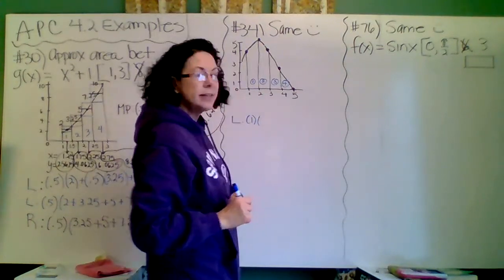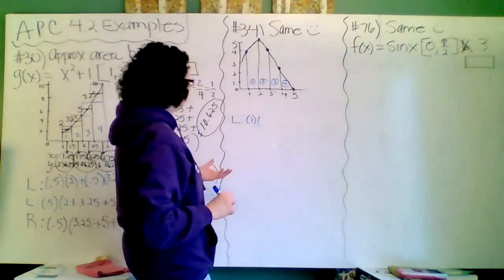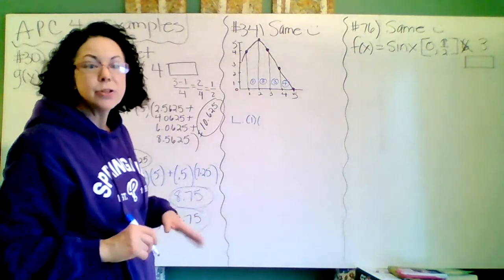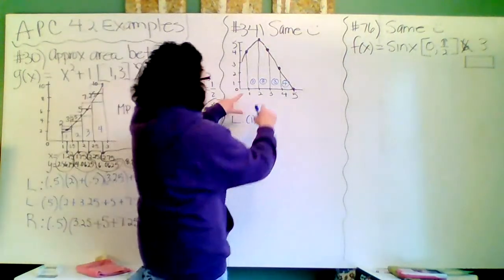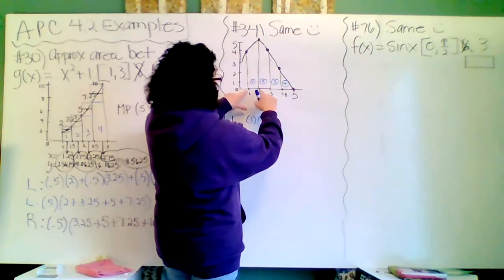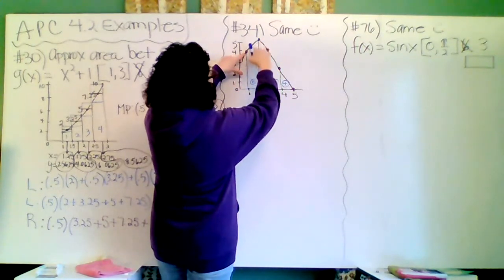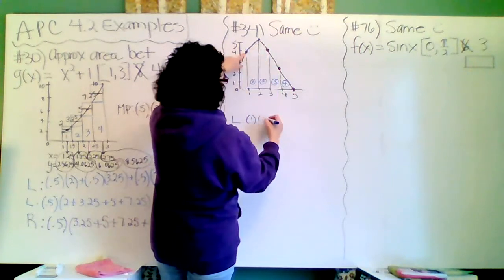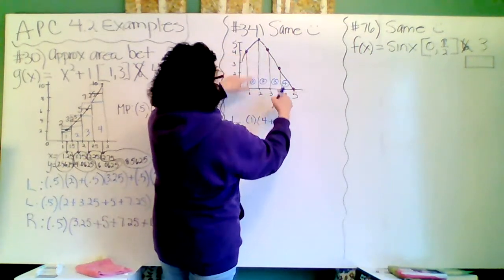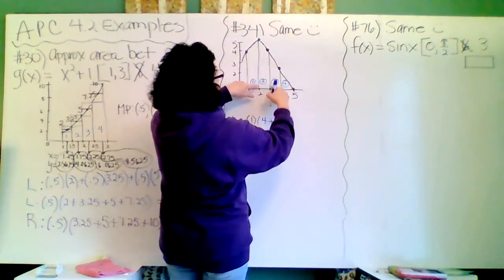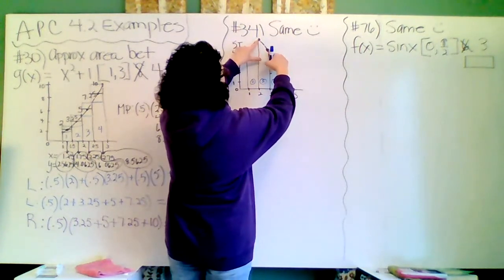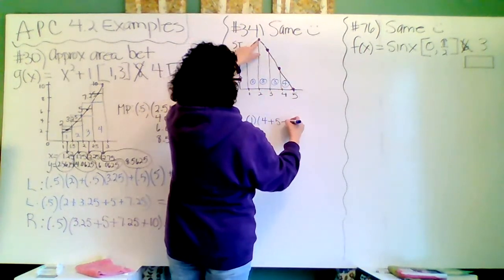And now I need the height of each. So if it's okay with you, I'm not going to draw the rectangles. You are welcome to, okay? So for the first interval, for this first rectangle here, I have left, right height. I'm picking the left. That would be a 4. Plus, for the second rectangle, I'm picking left. It would be 5.